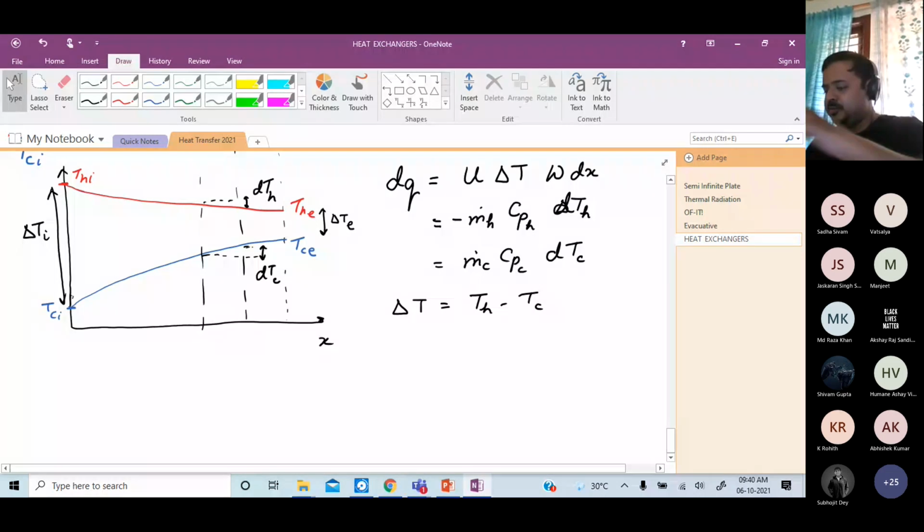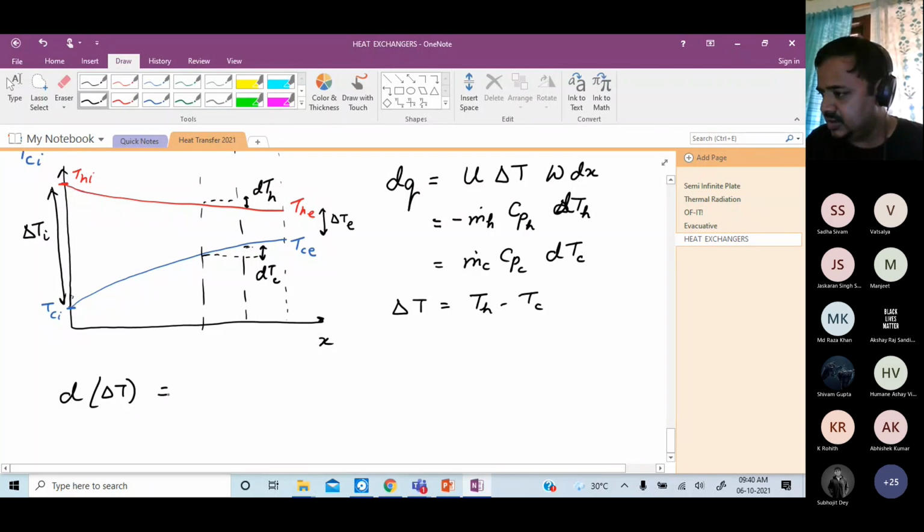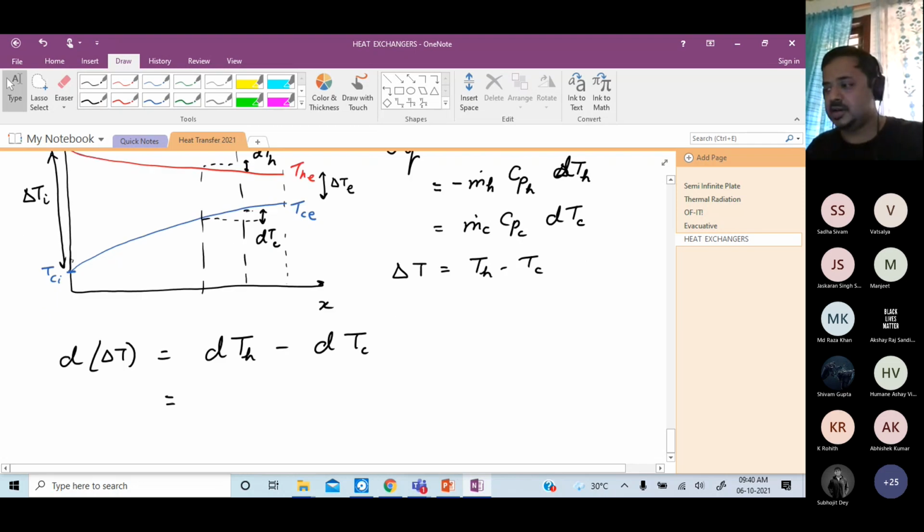So now we will go through a little bit of mathematical mumbo jumbo. D of delta T, therefore, is dTh minus dTc. What is dTh?